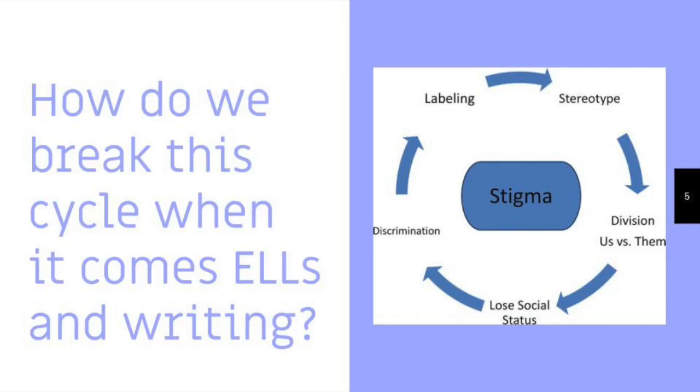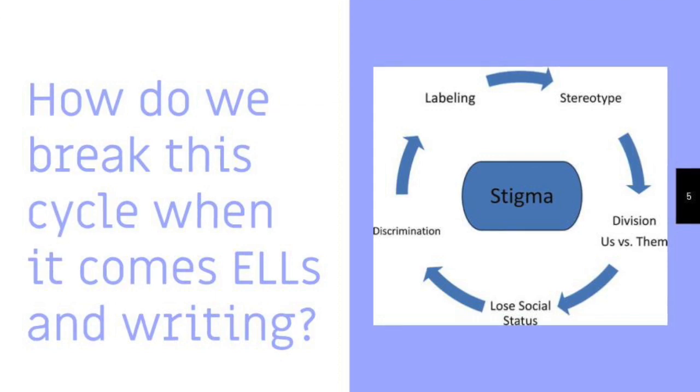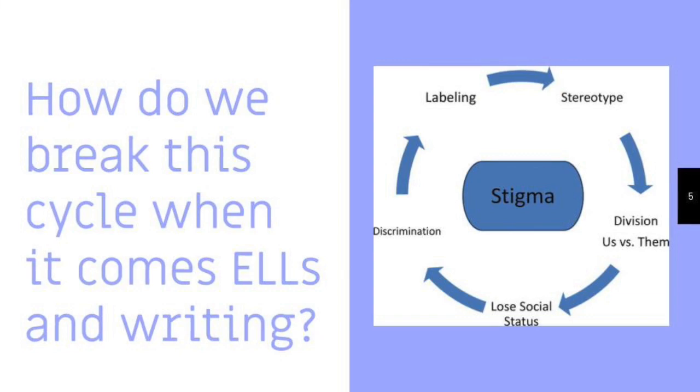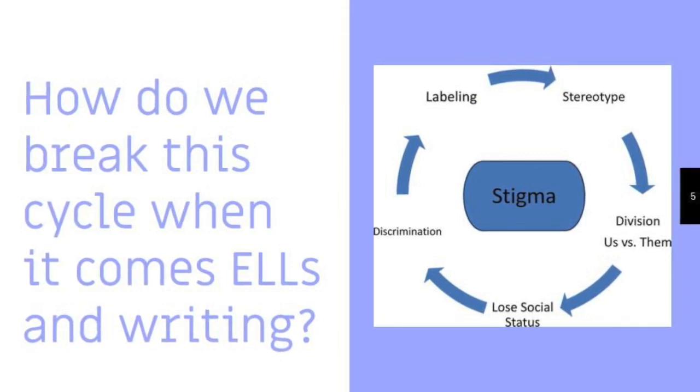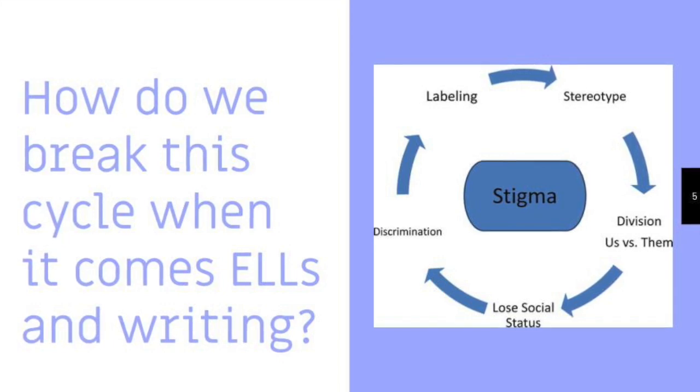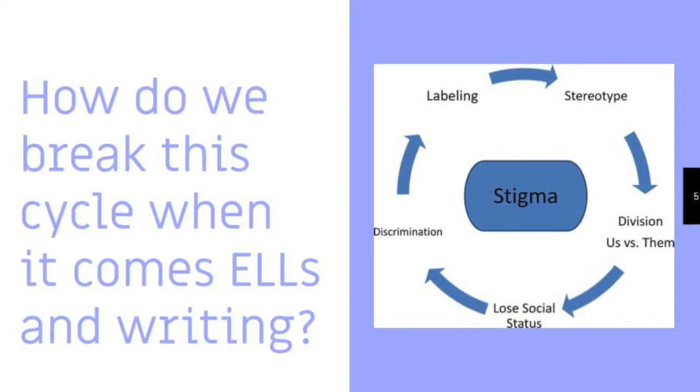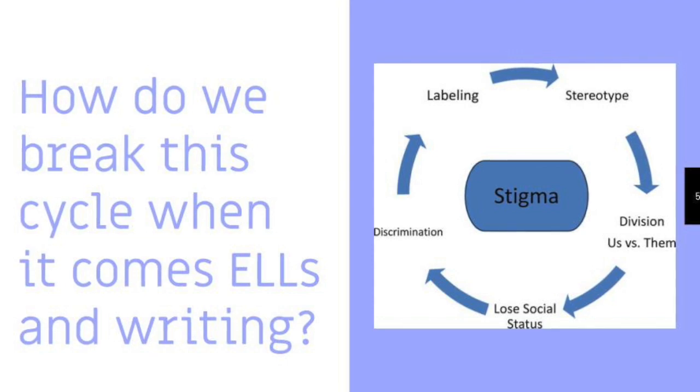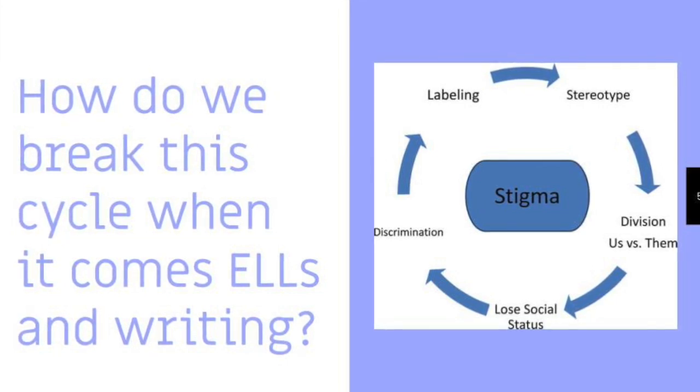The overarching kind of problem this article was trying to tackle was underlying it this idea of stigma. And so it talks a little bit about how English language learners often become marginalized because of their lower language skills, but it doesn't mean that they're lower functioning.